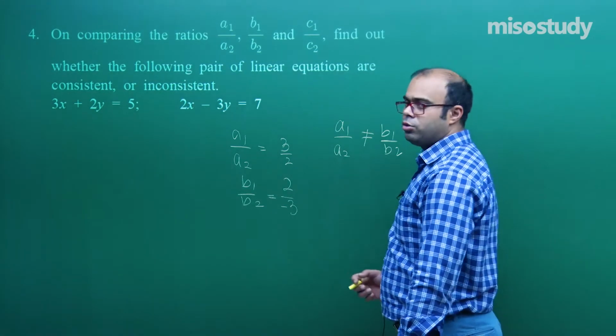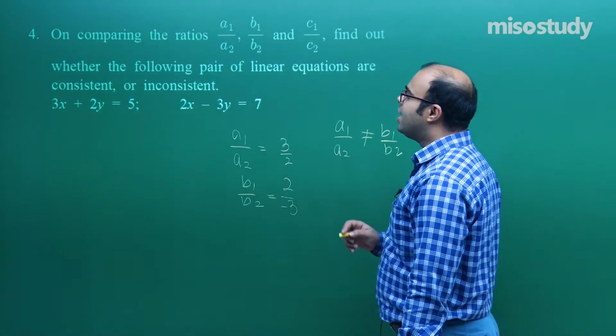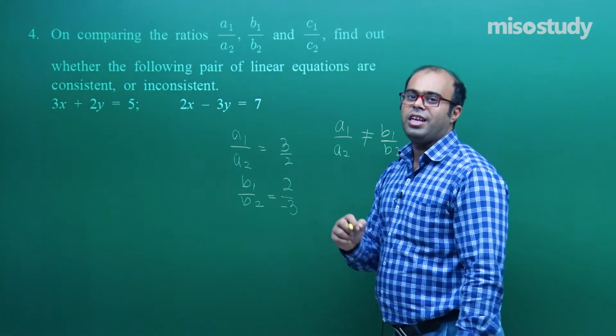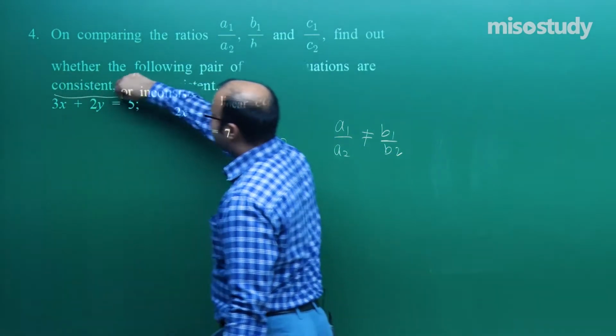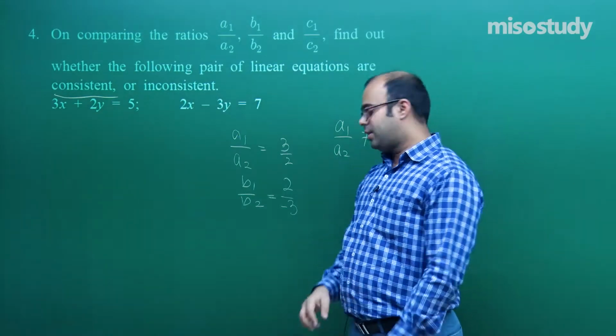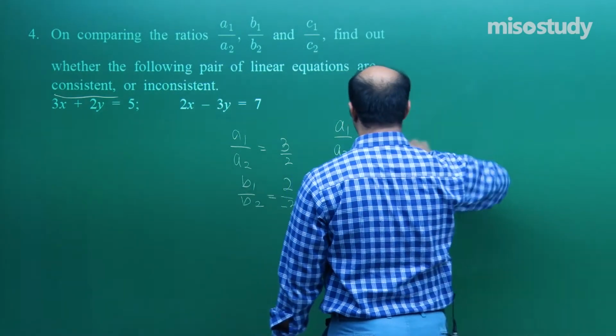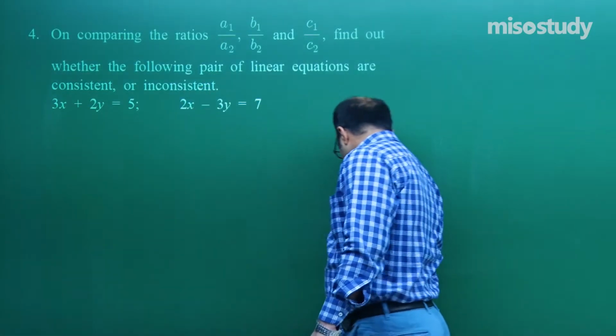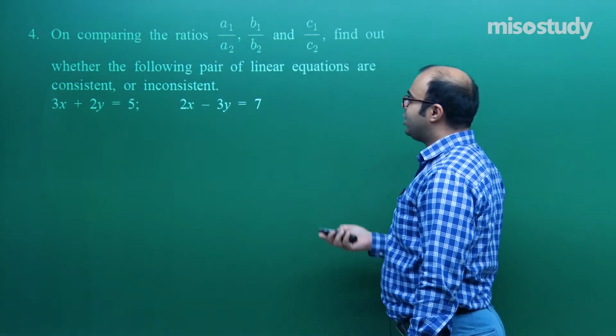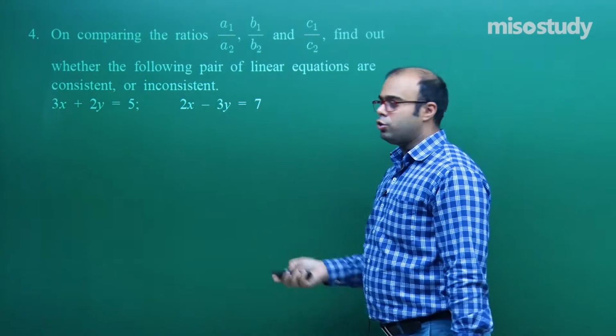Both are different values, so they are not equal, which means the pair has a unique solution. They are intersecting at a point. That means this pair of linear equations is consistent. Having a unique solution means it is consistent. So we do these questions by comparing these ratios.